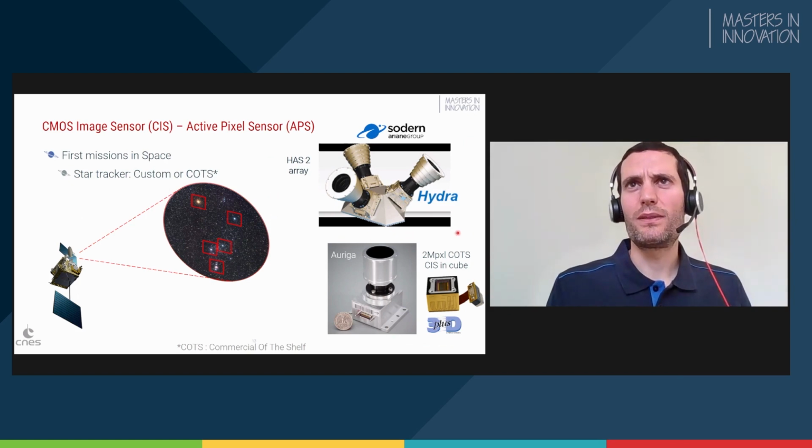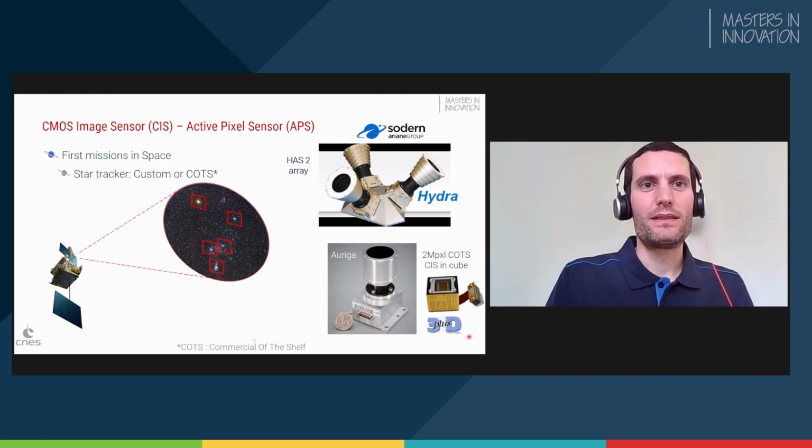Historically, that was done in the HAS2 array with the Hydra star tracker, and then the 3D Plus cube inside the Auriga star tracker, using commercial off-the-shelf components.